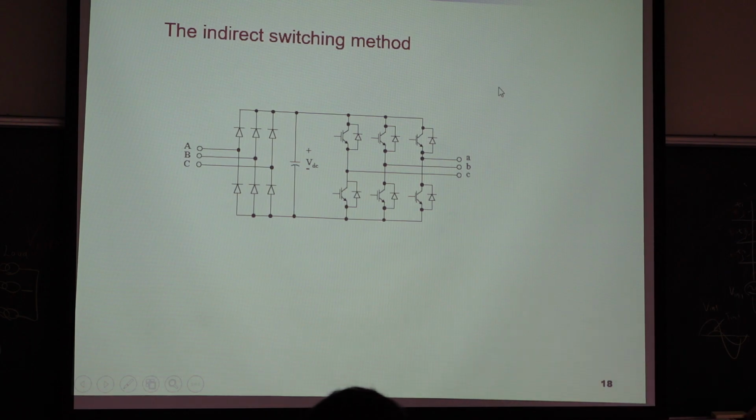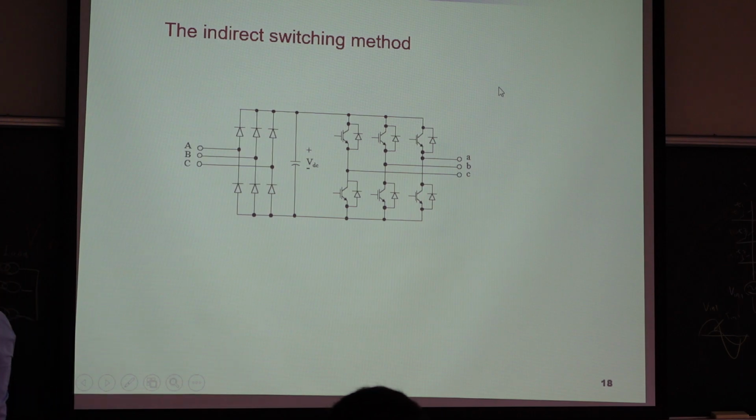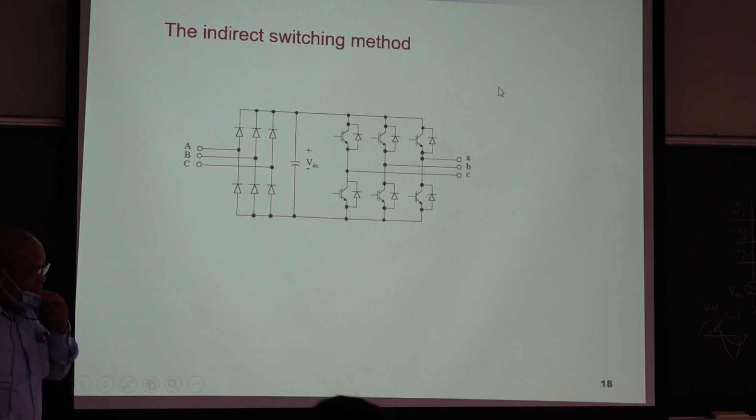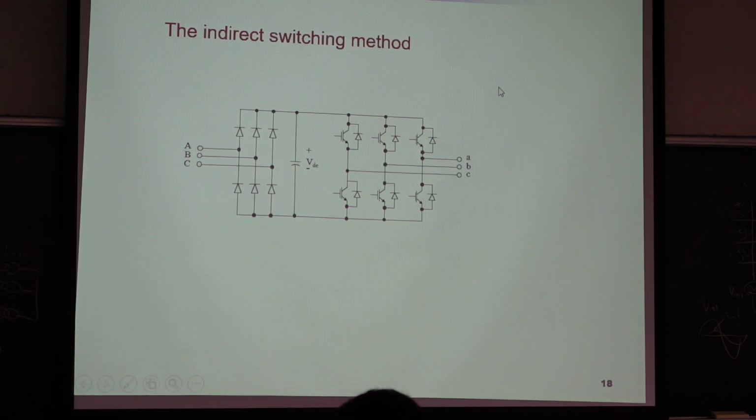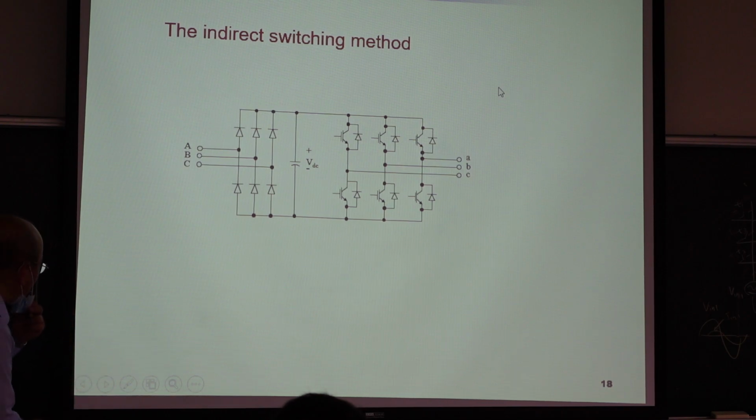If you have 9 AC switches, how many IGBTs do you need? 18. Here is 6. Do you think a diode is better than an IGBT? Cheaper, right? So this is cheaper. Originally you think 9 AC, only 9 switches, but 9 AC is 18 switches.